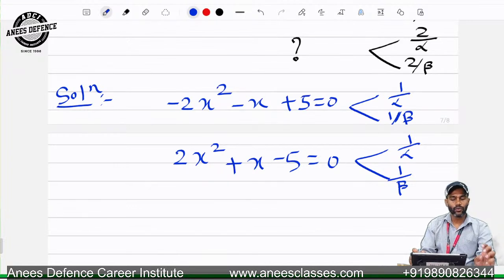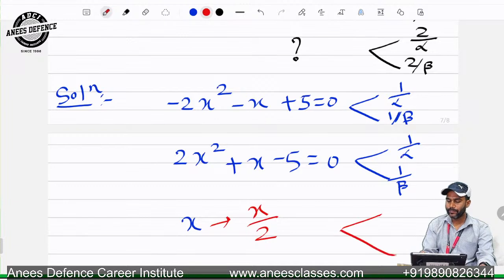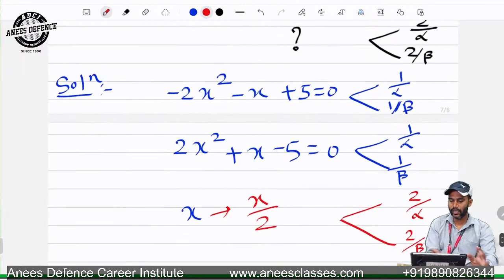In order to get the roots multiplied by 2, we have to just do the opposite: replace x by x by 2. Then you will get 2 by alpha and 2 by beta as the roots. So just replace it, you will get the answer.